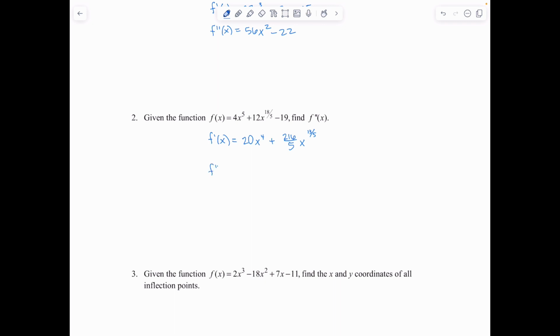Okay, for the second derivative, we take the derivative again. The derivative of 20x to the fourth will be 80x cubed.